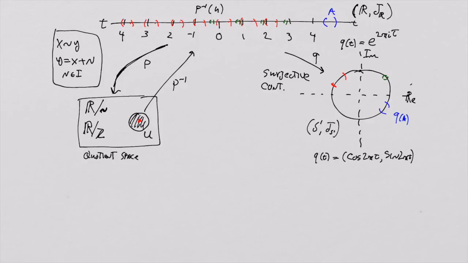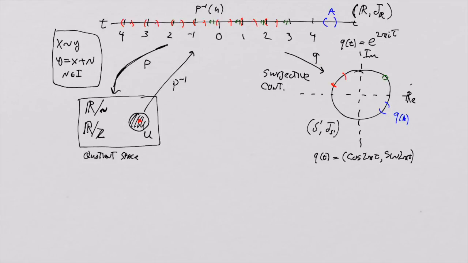So here's an example of an open set in R that is not the preimage of an open set in S1. That just goes to show that not all open sets in R are preimages of open sets in S1. But that's not the requirement to be a quotient map.